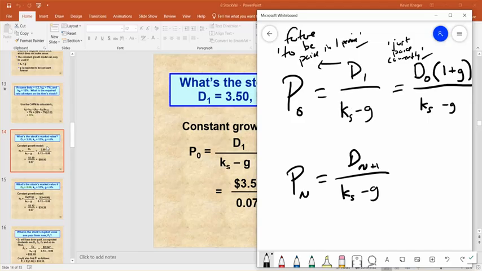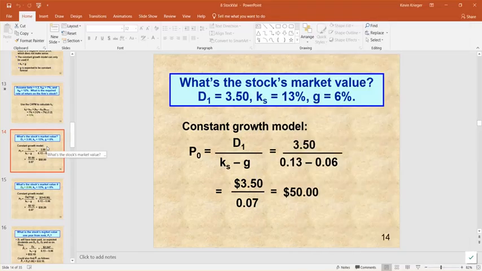If you're told in this example that the next dividend is $3.50, then you get to plug in the $3.50 automatically. The denominator simplifies to 0.13 minus 0.06, or 0.07, and this is worth $50 in this case. You got to be really careful, again, keeping these in decimals, not percents. And keep in mind this is a large fraction bar here. So I think of this as putting parentheses around the 0.13 minus 0.06.